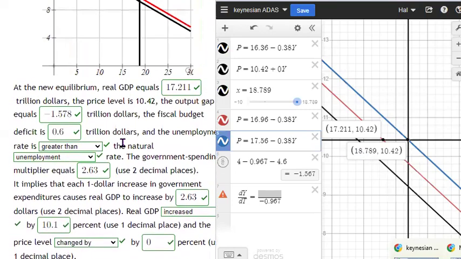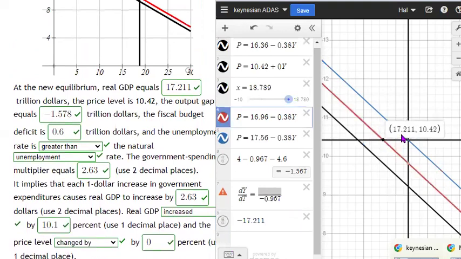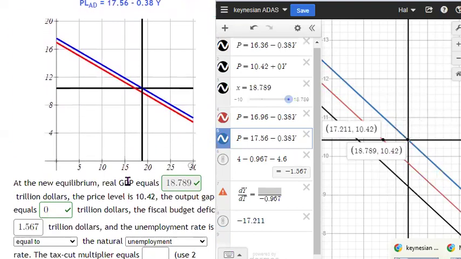So on the red aggregate demand curve, GDP is 17.211, right? So this is what GDP was, 17.211. And this is what GDP is after the tax cut, 18.789. That value right there.